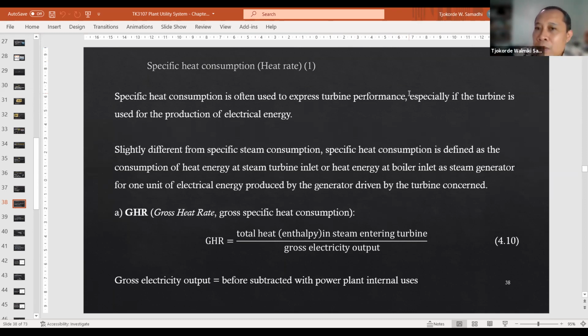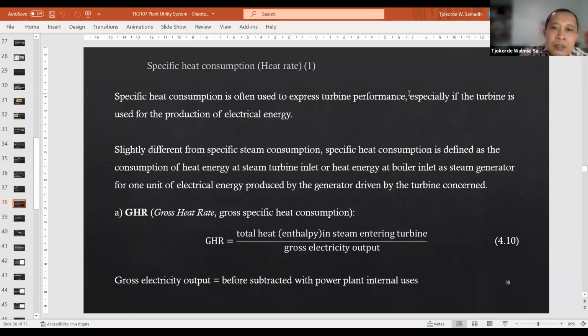Kalau steam turbine-nya dipakai untuk memproduksi energi mekanik dan listrik, jadi misalkan if for example the turbine is used for dual purpose, so it's used for generating electricity and also to drive other process equipment, then usually steam rate is more appropriate. Again, heat rate is typically only used for power generation, pembangkitan tenaga listrik. Di fasilitas PLTU itu yang digunakan adalah besaran heat rate ini, bukan steam rate. But in a typical general process plant, we typically use steam rate.